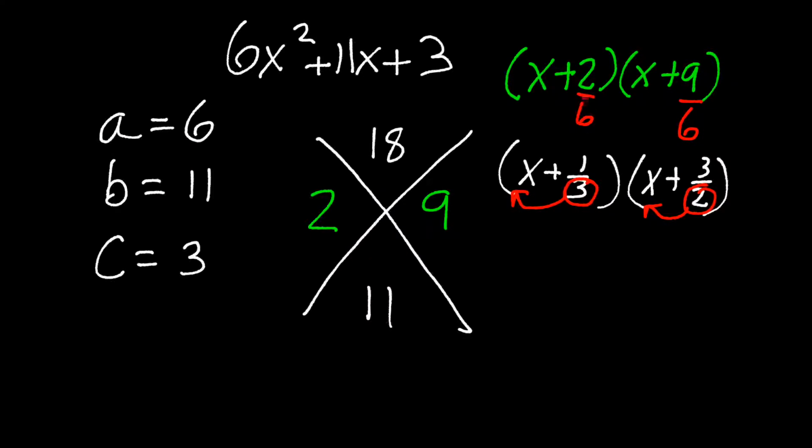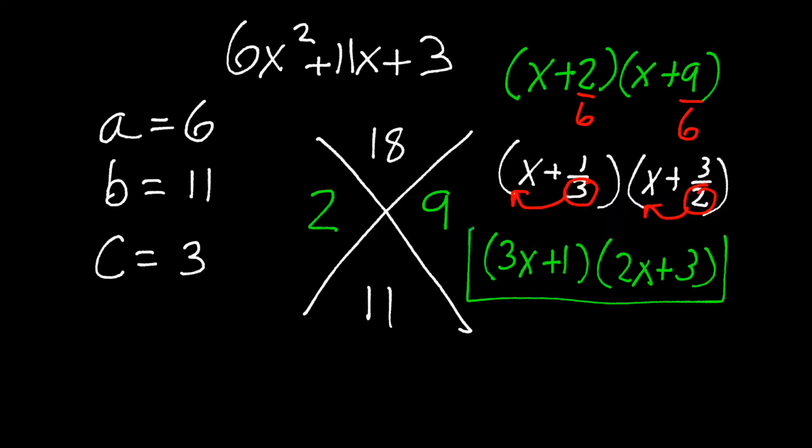Since 2 divided by 6 is a decimal and 9 divided by 6 is a decimal, we simplify the fractions we created from the division, and then we take our denominators and we slide them up next to the x. So our final answer becomes 3x plus 1 times 2x plus 3. And that is our solution.